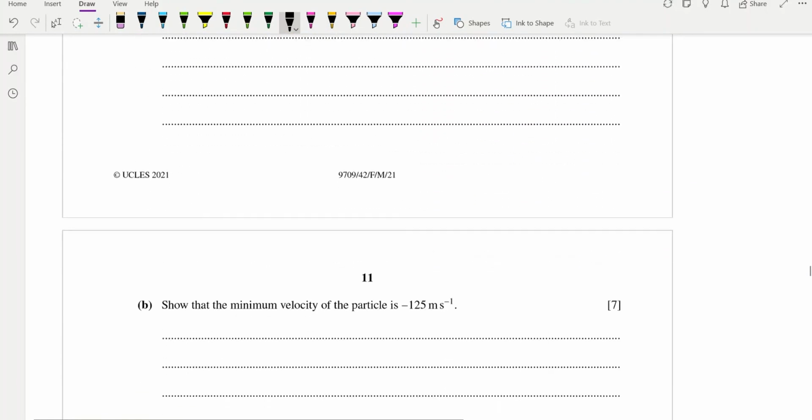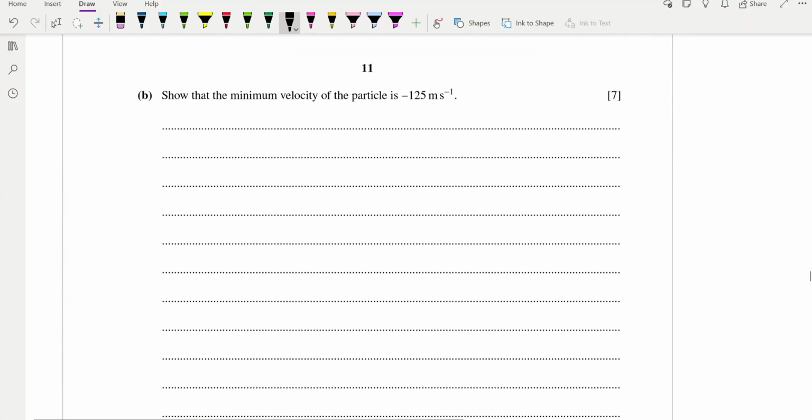Now we can move to the B part, which says show that the minimum velocity of the particle is minus 125 meters per second. So for the minimum velocity, acceleration will be 0. Minimum velocity implies acceleration will be 0, and acceleration is the derivative of velocity.